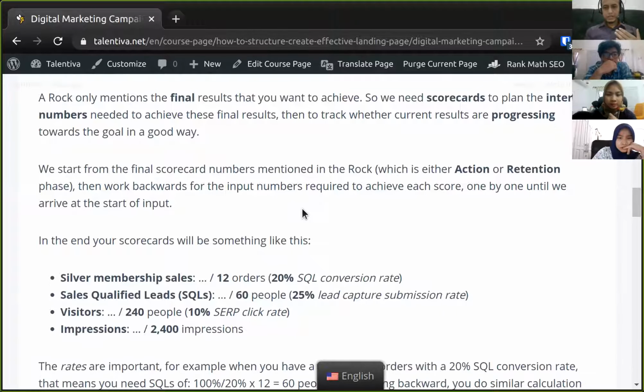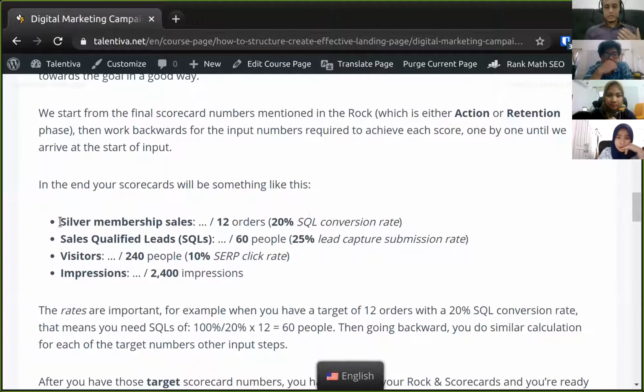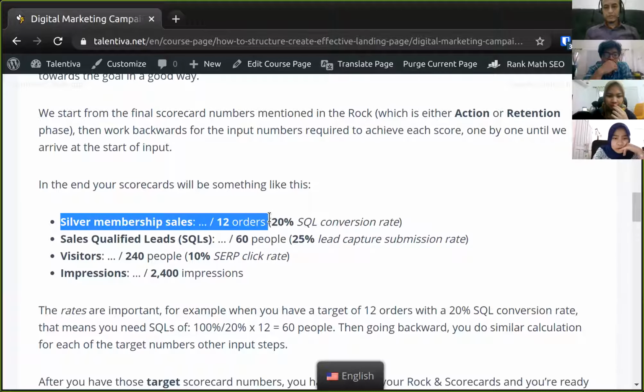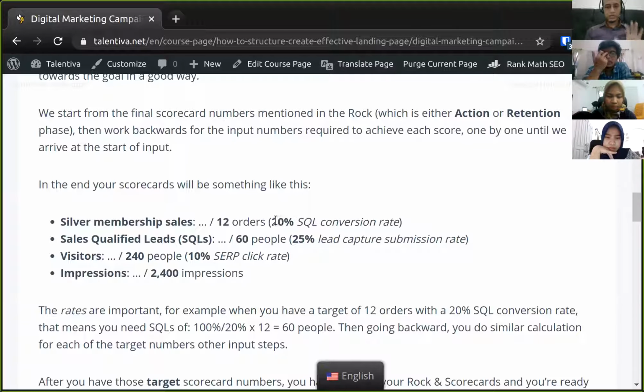So this is an example. We need to have 12 orders of silver membership. That's the final goal. But how many leads do we need to get 12 silver memberships? For example, we plan to have a 20% SQL conversion rate.